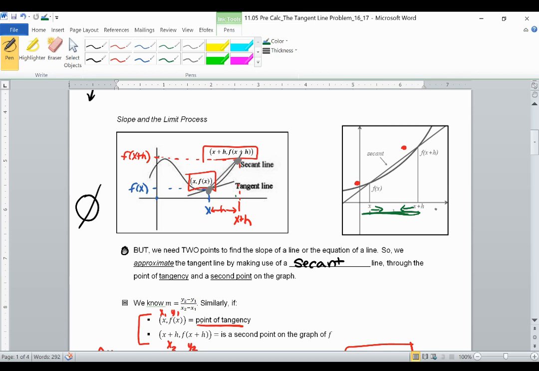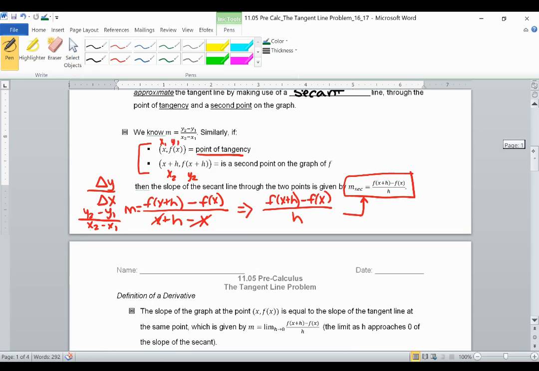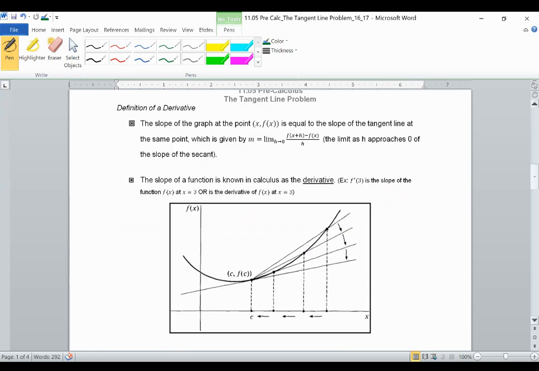So we want to know what that value would be if we take these 2 points from our secant, and we want to know what's going to happen when they become 1 point. And that point has to be that point of tangency. So our definition of a derivative: the slope of the graph at the point x, comma f of x is equal to the slope of the tangent line at the same point, which is given by this right here.